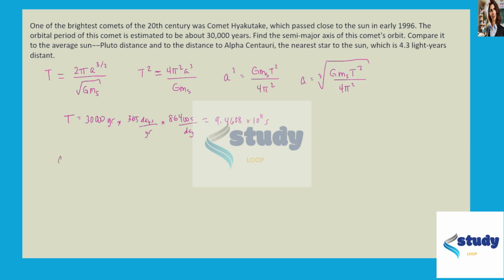So now we're able to calculate that the semi-major axis for this comet's orbit, again, will be the cube root of G, which is 6.67 times 10 to the minus 11th, multiplied by the mass of the Sun, which is 1.99 times 10 to the 30th kilograms, multiplied by this number of seconds squared, and then all of that divided by 4 pi squared.